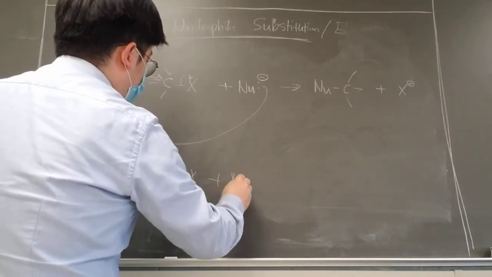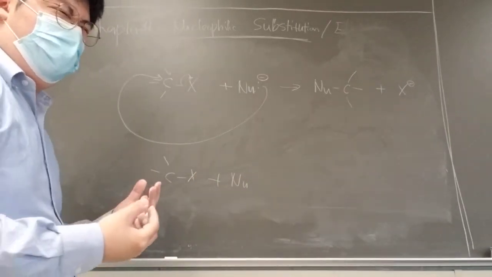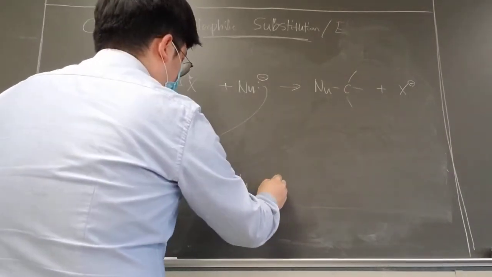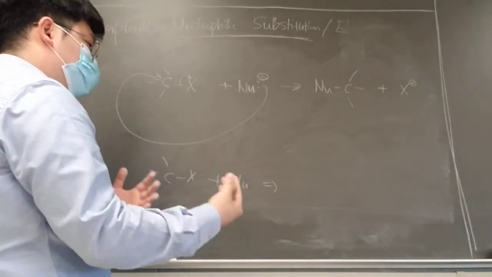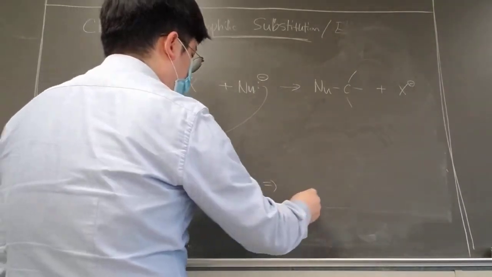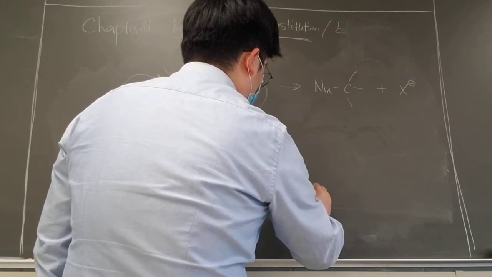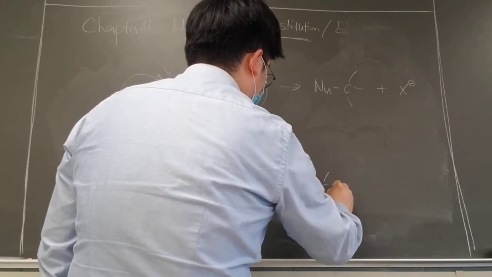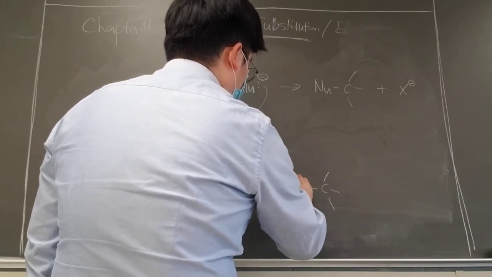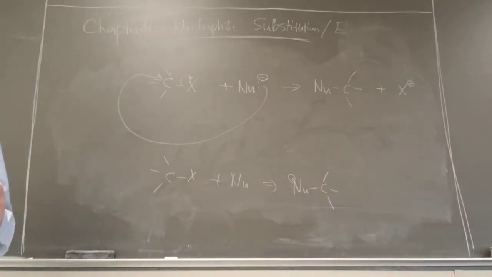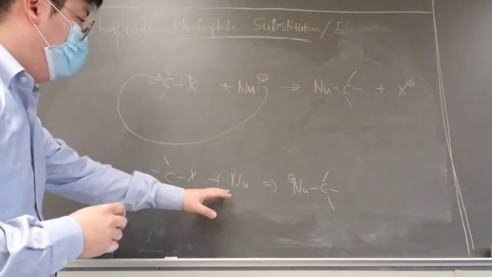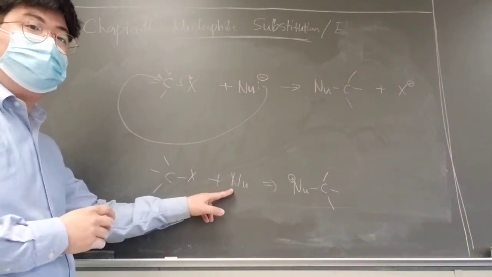But you have another case. Sometimes, if the nucleophile is not really negative, somewhat neutral charge-wise, they can still do this, no problem. But this will become positive because they have donated the pair of electrons from a neutral state.